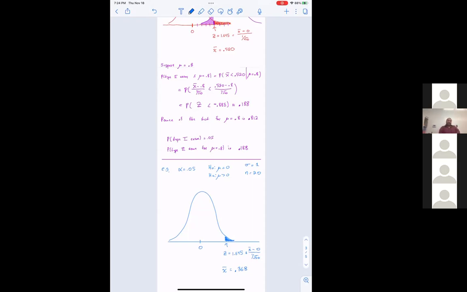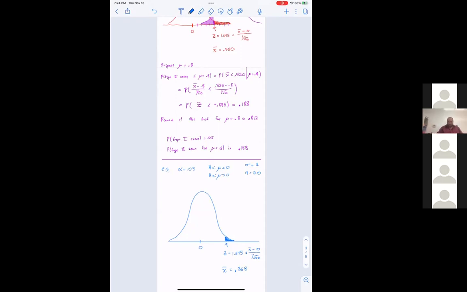Because since you have a larger sample size now, your error should be smaller. Exactly. Since you have a larger sample size, the expectation is that you're going to be closer to the true value, which means you don't have to go as far away before you have an irregular or unlikely result. Fantastic.